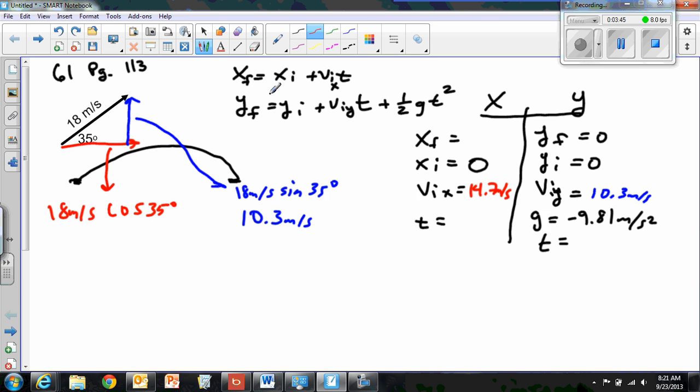Okay, if I use my quadratic equation, I can plug into the Y equation here and get T, or I can use the quadratic equation. So if I use the quadratic equation, remember 1/2 of G is A, which is negative 4.905. The initial velocity is my B value, which is 10.3, and then my C value is really going to be my initial Y, because this right here is always going to be 0 for us, the final Y. We're going to always set it that way anyway.